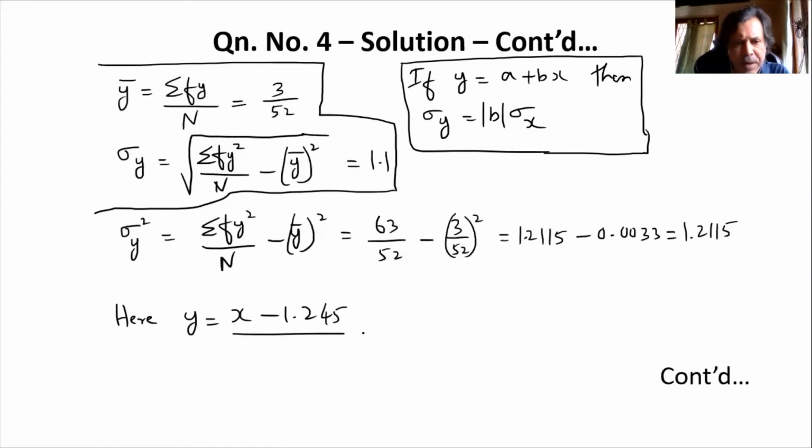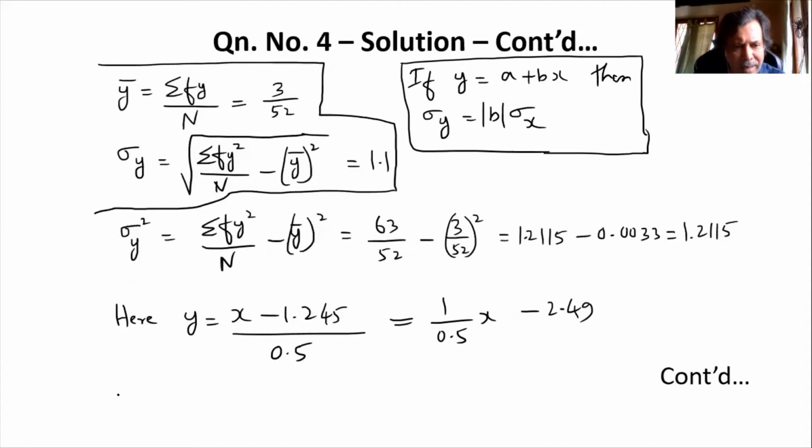So I can split it as 1 by 0.5 times x minus 1.245 divided by 0.5. If I do that, it is 2.49.